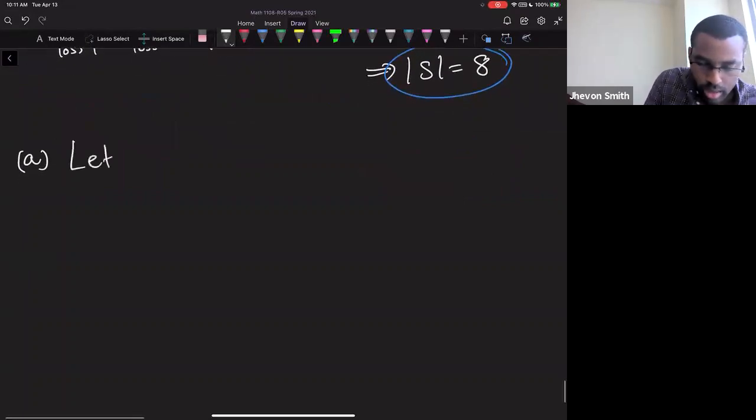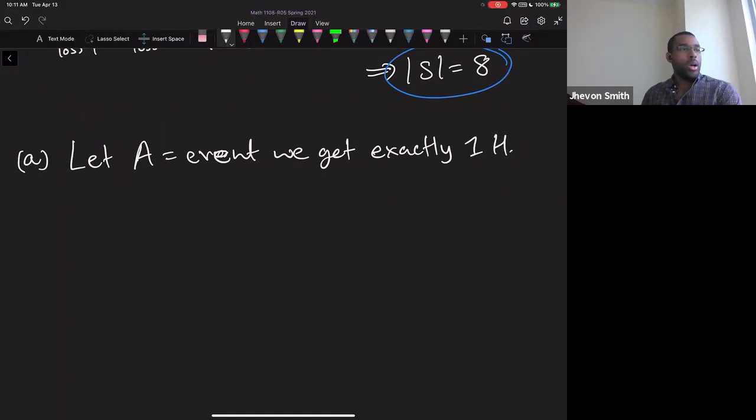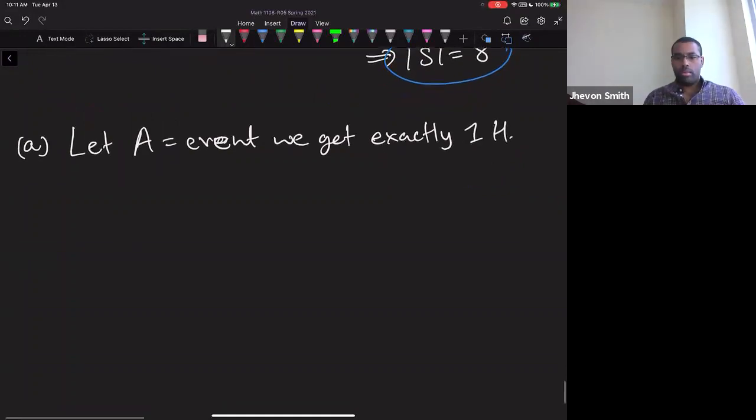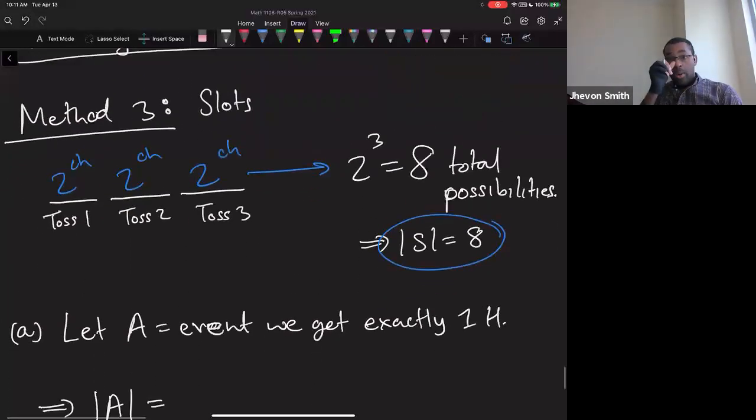So let A be the event we get exactly 1 head. That was the first problem, I think. Yeah. So now you want to find the size of A. Now, how would this happen?